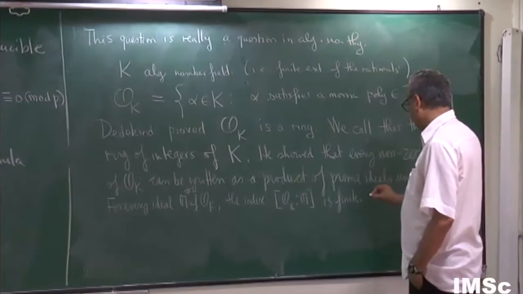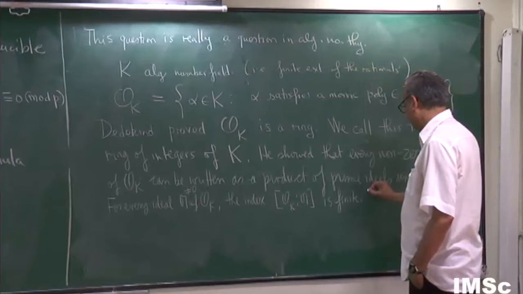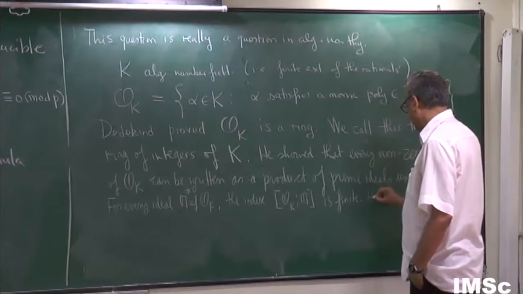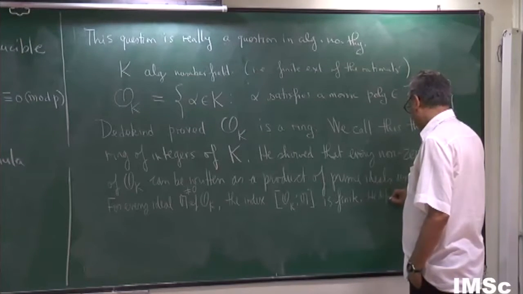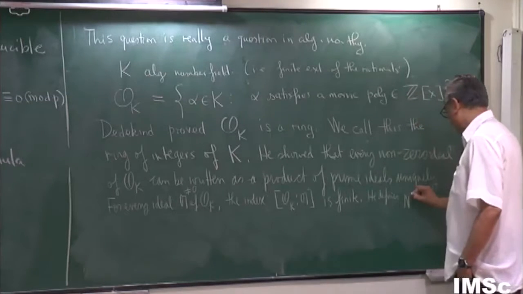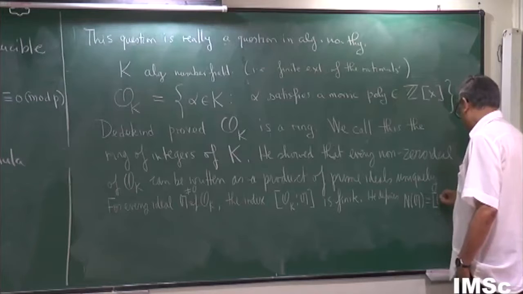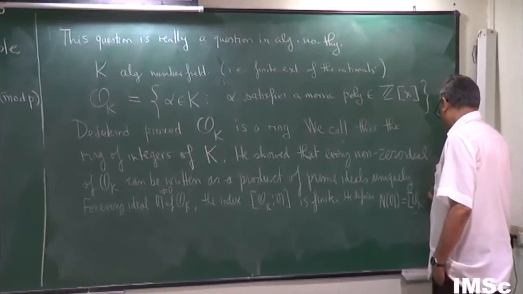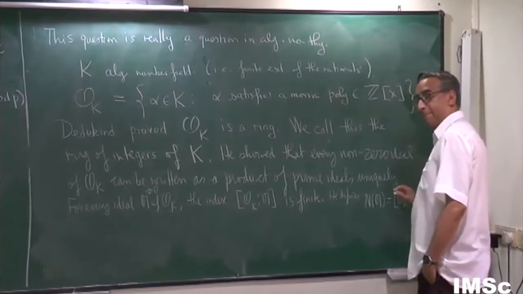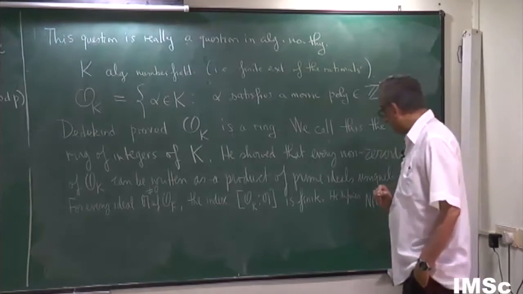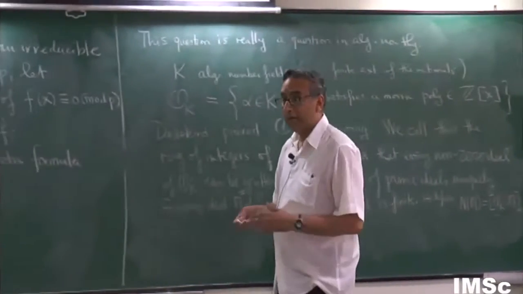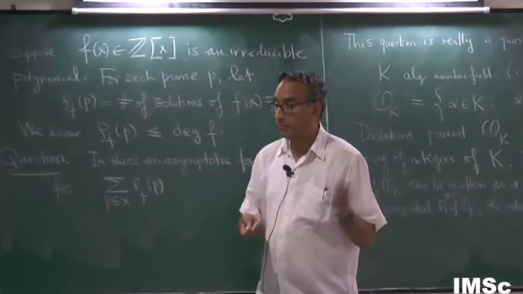And therefore, he defined the norm of an ideal to be this index. The norm of this ideal is the index.